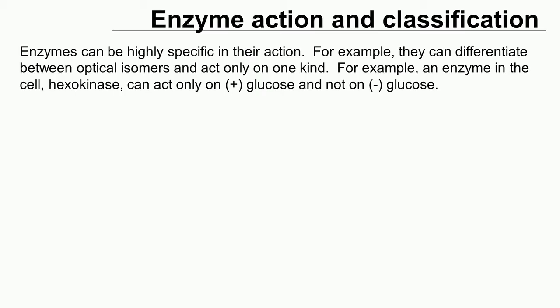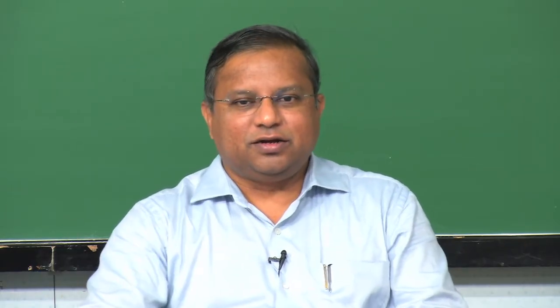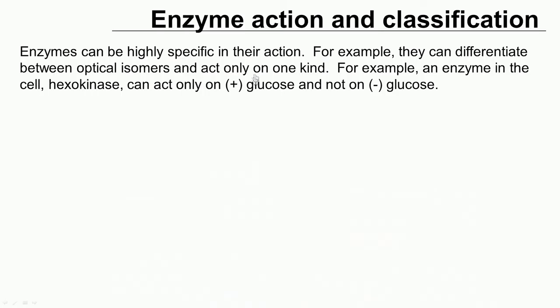The enzyme hexokinase, that is the name of the enzyme, can act only on plus glucose and not on minus glucose, D glucose, L glucose, dextrorotatory, levorotatory, and so on. The hexokinase can distinguish between these two. It will act only on plus glucose, it will not act on minus glucose. It can be that specific.